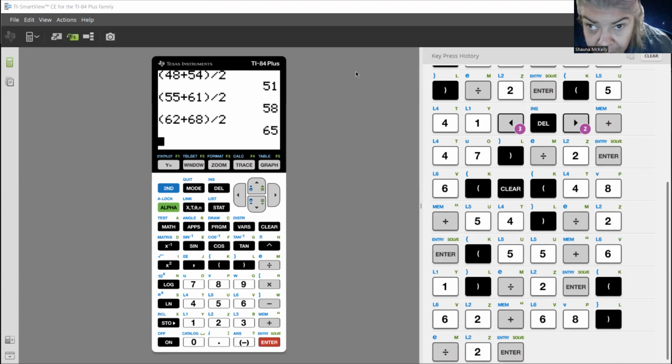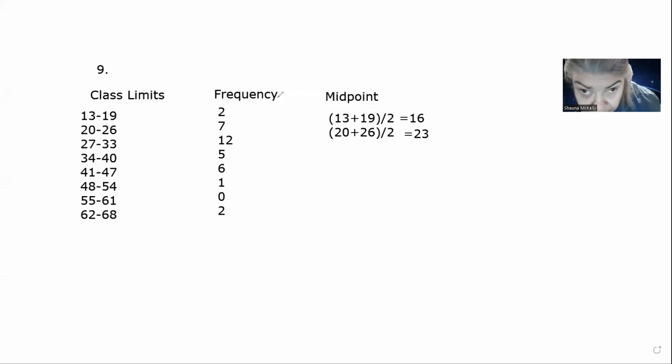So let me stop sharing and go to the whiteboard here. All right. So basically, I'm going to write in what I continued with. I showed you all of that on the calculator just now. So I'm going to continue to fill this in.